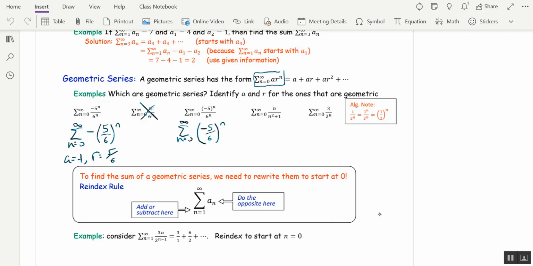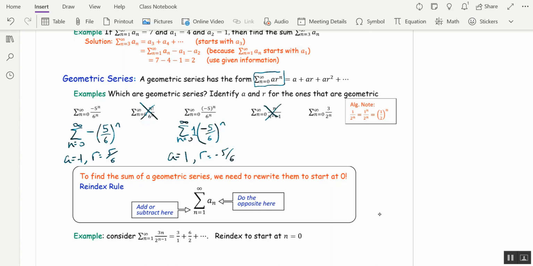Take a careful look at the difference between the first one and the third one. They're very different, even though they look similar. Here, a is 1. There's an imaginary 1 sitting out there. And r is -5 over 6. So in the first example, a was negative, r was positive. In this example, a is positive, r is negative.